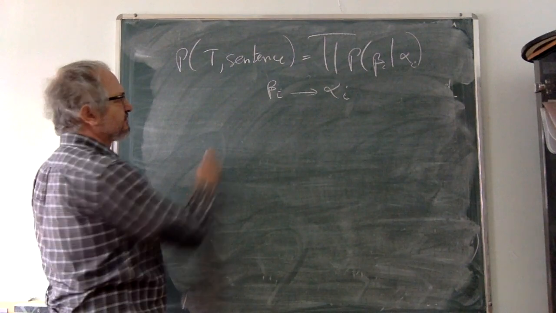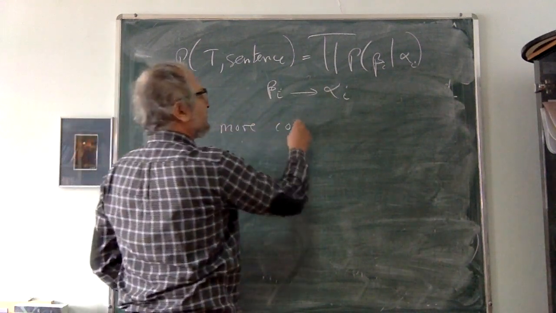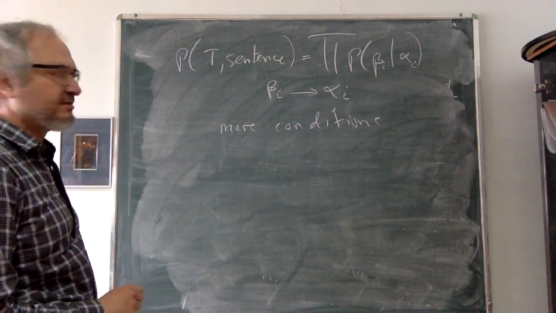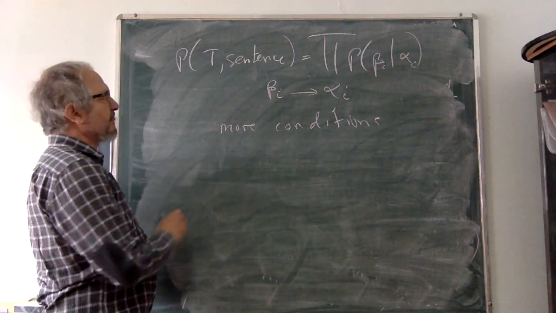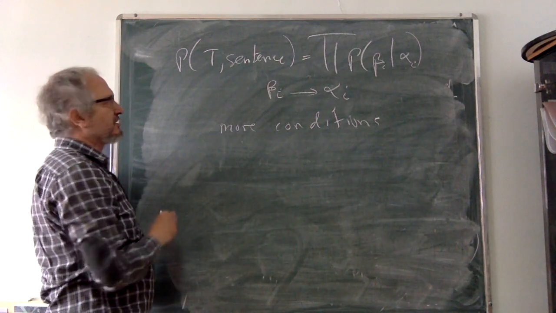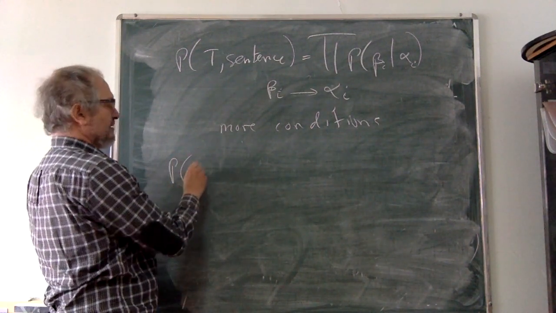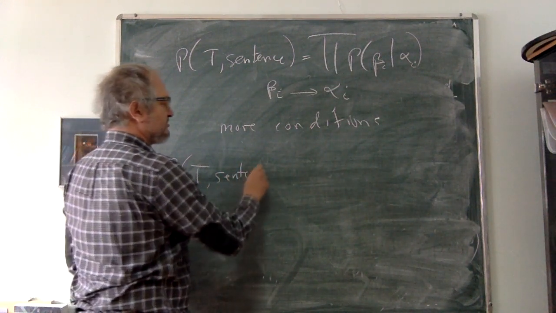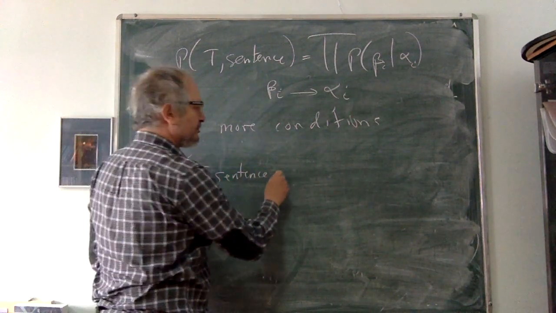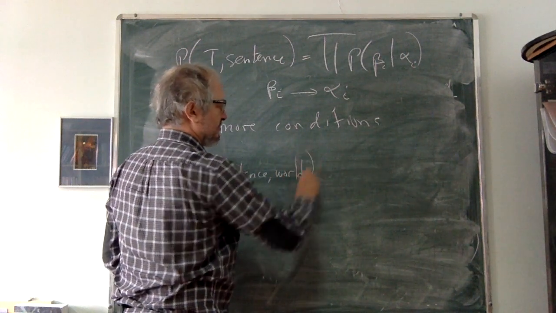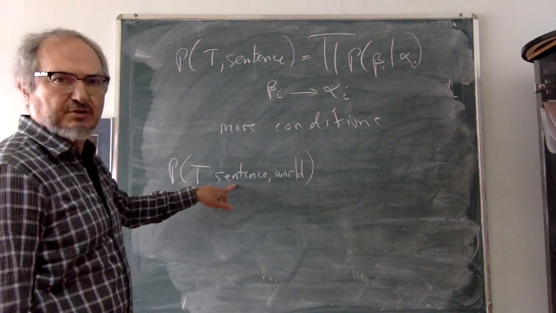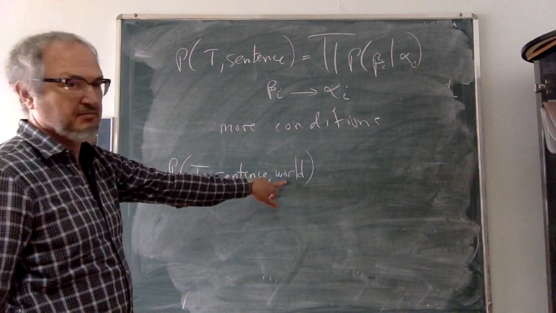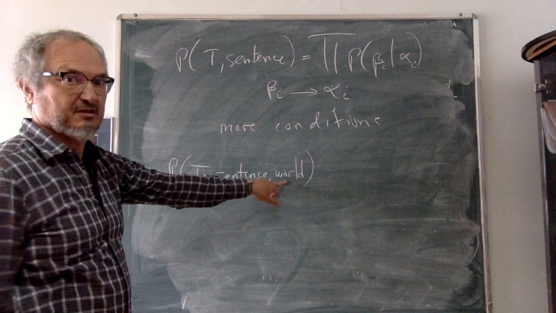Let's add more conditions to this, because although we want to get this, we want the probability of this in this sentence uttered in this current world. Whereas you told me 'I saw the man with the telescope', but you said that in a world where, well, I have the telescope or the man has the telescope.